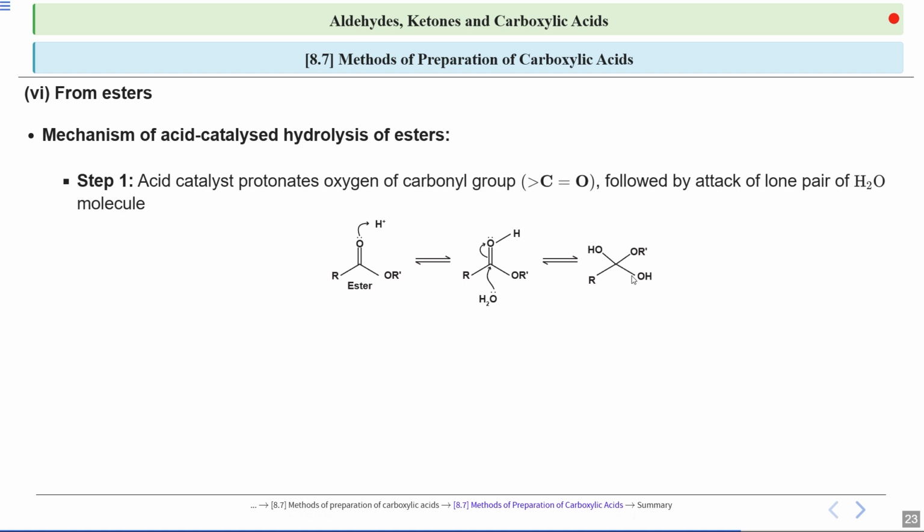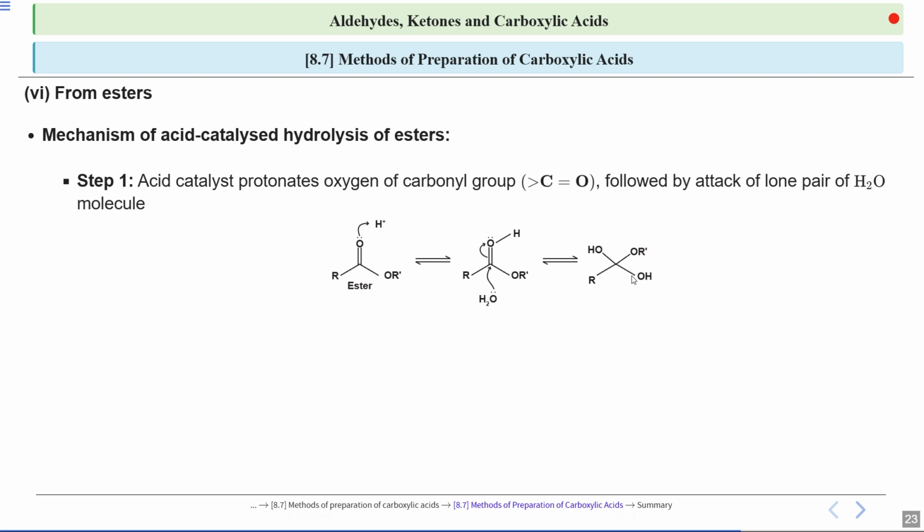In step 1, the acid catalyst plays a crucial role. How? It protonates the oxygen of the carbonyl group, the C double bond O part of an ester. This makes the carbon more electrophilic, meaning it is more likely to be attacked by a nucleophile. What is the nucleophile in this case?